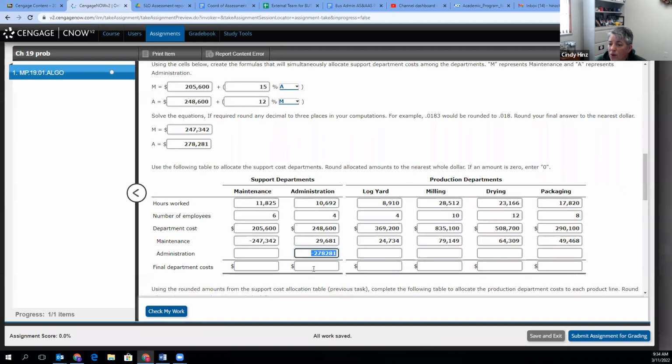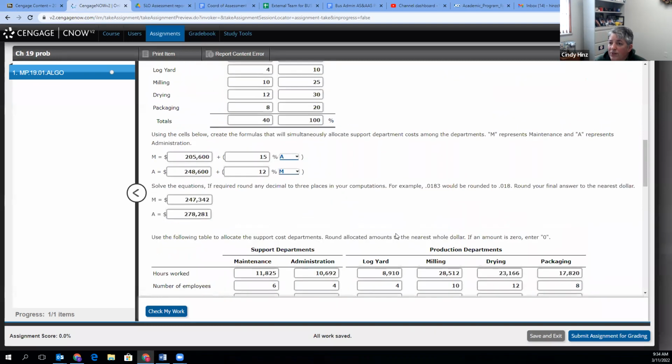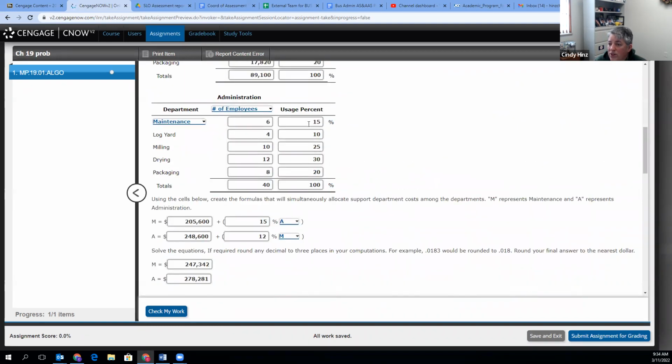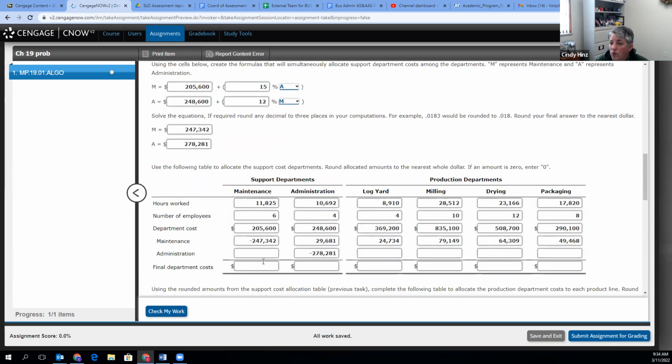We're going to take this total and allocate it out to the other 5 departments using these percentages in the second table. So for example, the maintenance department has 15% of the employees, so it's going to get 15% of that administrative cost, $278,281 times 15%. And then we need to round to the nearest whole dollar.